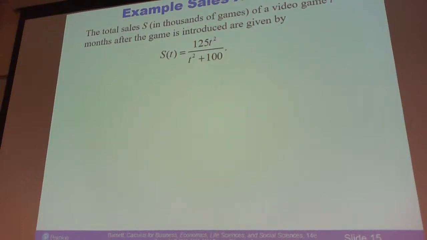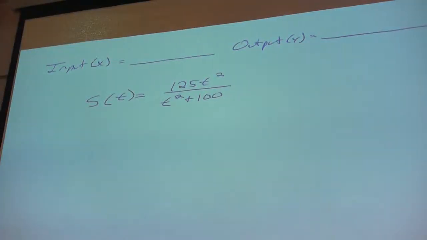The total sales S in thousands of games of a video game T months after the game was introduced is given by S of T equals 125 T squared over T squared plus 100. So, what is the input in this example? What's the input? What am I plugging in?